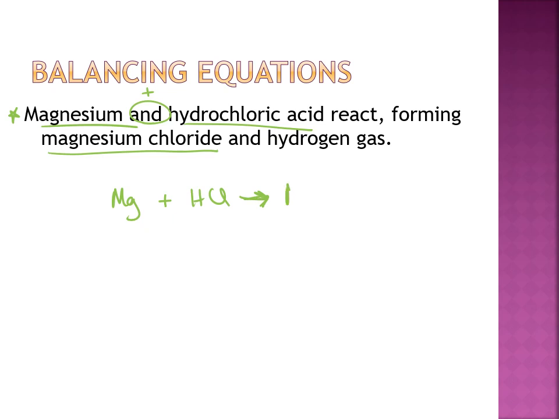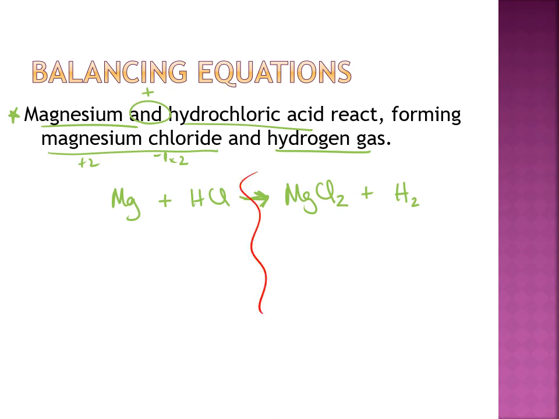So magnesium chloride is going to be MgCl. Remember that magnesium has a +2 charge and chlorine's a -1 charge, and so I need 2 of those guys, MgCl2, and then hydrogen gas. Hydrogen is diatomic, so it's got to be H2. So now I can think about what I have.